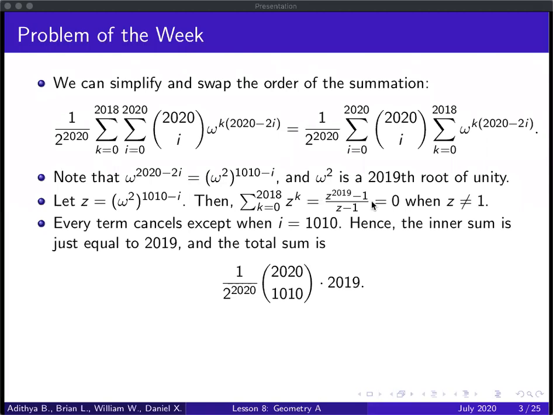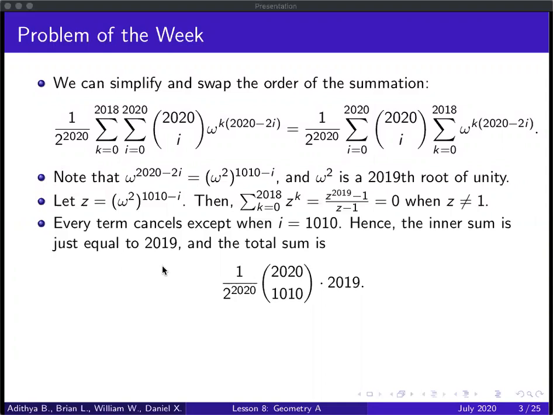We just need to extract the answer. Remember that we wanted the numerator mod 1009. So the first thing we need to do is find the numerator. Note that the denominator is some big power of 2. So we're going to first try to find the number of powers of 2 in 2020 choose 1010 times 2019, so we can find the numerator.